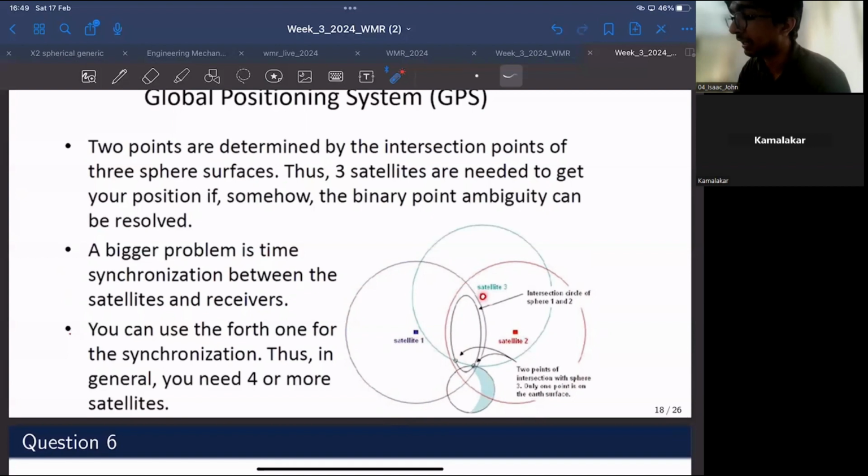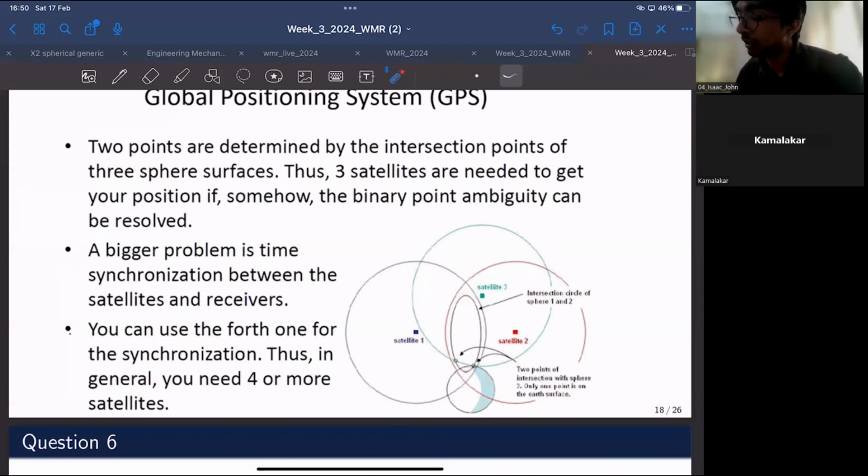The third satellite, based on its time of flight and speed of sound, will also have another sphere of influence. The intersection between a circle and a sphere is 2 points. It's simple geometry. So the intersection of the spheres of satellites 1 and 2 is a circle, and the intersection of this circle with the sphere of the third satellite is 2 points. One could be on Earth, one could be somewhere else, not on Earth.